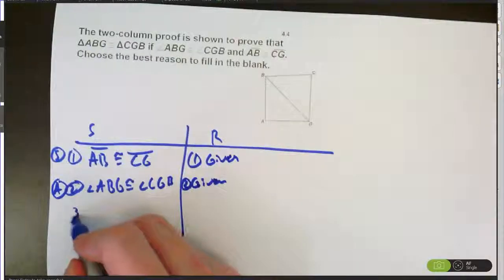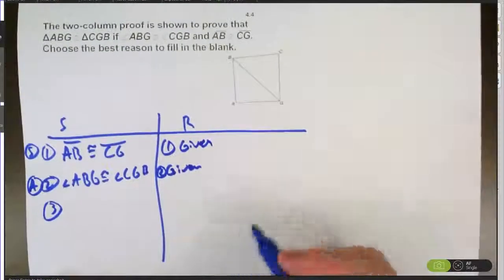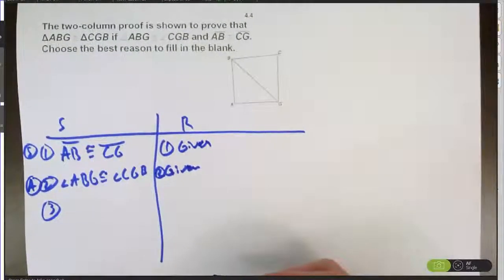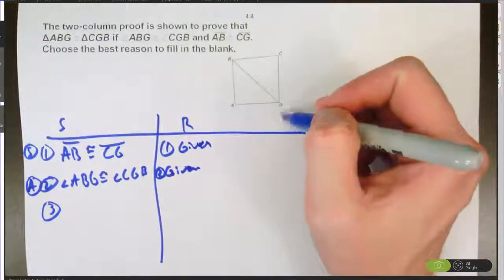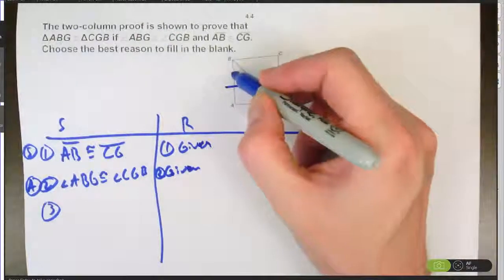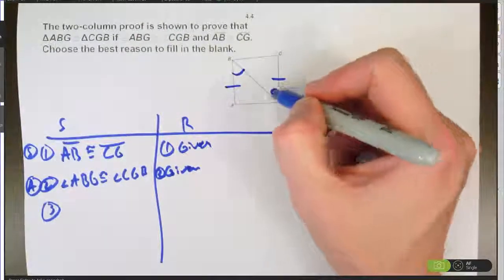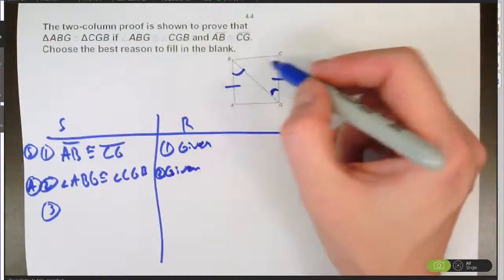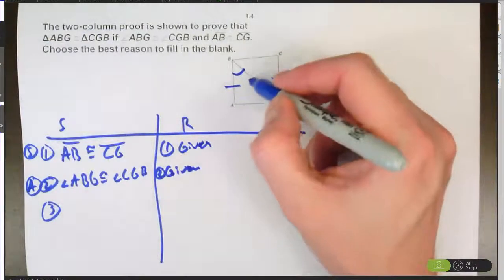Okay, I've got a side and an angle. The next thing I do is figure out an angle or a side that I have congruent. Again, mark in the drawing: AB is congruent to CG, and angle ABG is congruent to angle CGB. So we can see side, angle, side, angle. The question is, what's missing? A side.